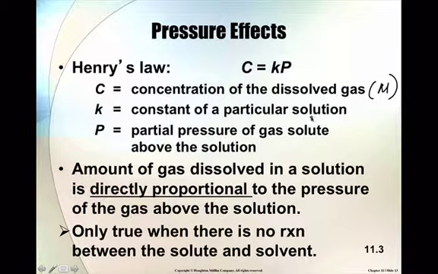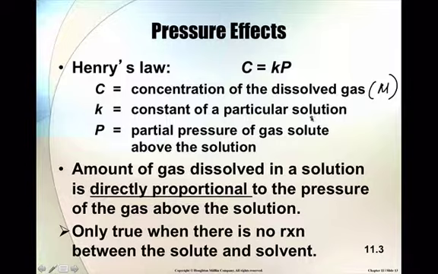So I would multiply that by 5 atmospheres. The atmospheres are going to cancel, which will leave you with moles per liter, which is good. That's what I need for concentration. So when I multiply those two numbers together, I get 0.16 moles per liter. That's the concentration of the dissolved carbon dioxide gas before I open the bottle.